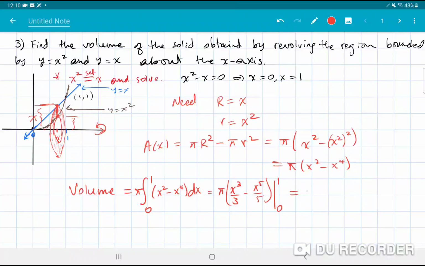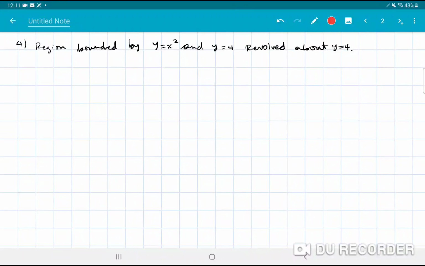That gives you 1/3 minus 1/5 minus 0. You put 0 in for x, you get 0. That gives you 2/15 pi as the volume.